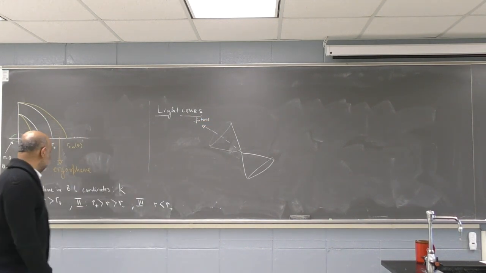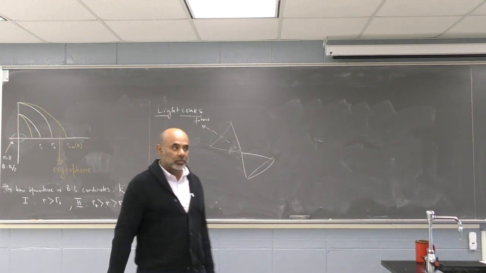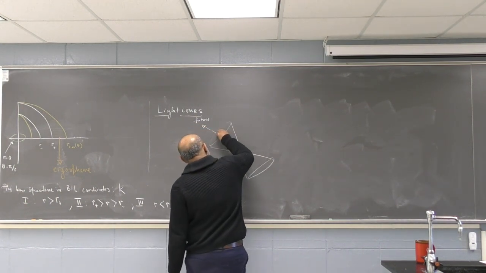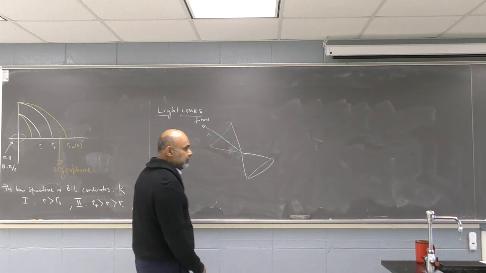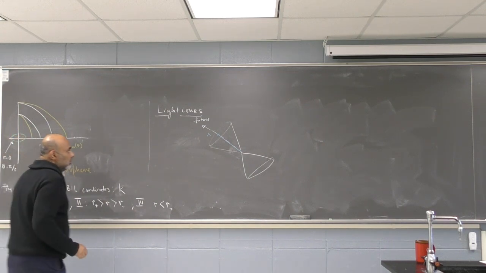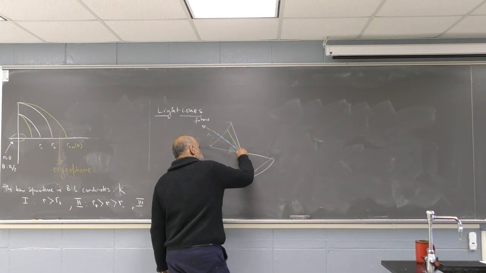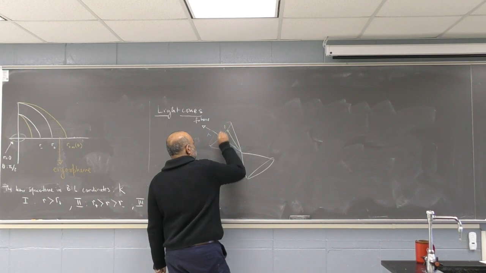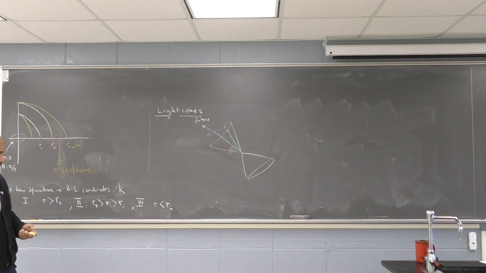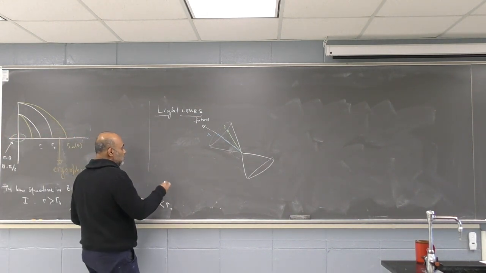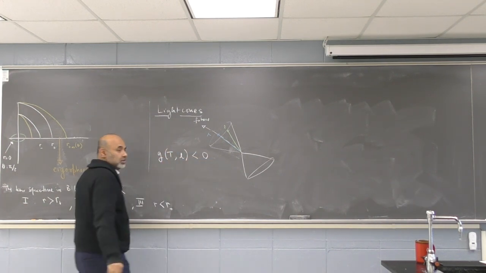I'm going to take two vectors. I'm going to take one time-like vector and one light-like vector, and I'm going to put them in the same cone. Let me take this one and call it T for time-like, and let me take a vector here and call it L. Because, as I've drawn, they're in the same light cone, you know from your GR course that the inner product is less than 0.